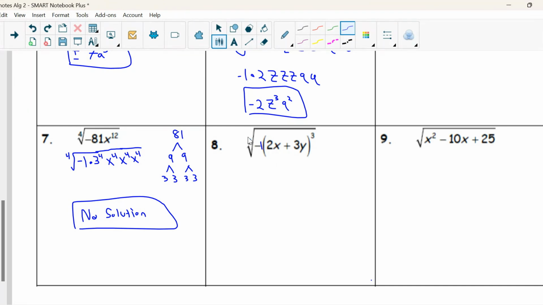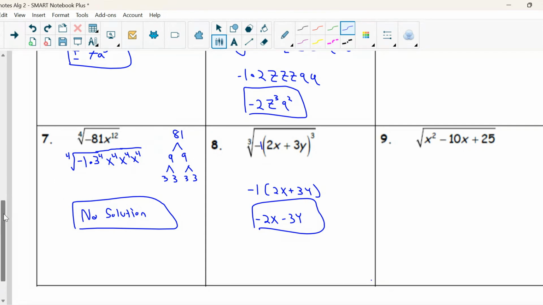So let's first take the cube root of negative 1, which is just negative 1. And then if we take the cube root of 2x plus 3y to the 3rd power, our exponents are just going to cancel. So that's just going to give me 2x plus 3y. Okay, obviously I can simplify this one step further by distributing my negative 1. So that gives me negative 2x minus 3y.